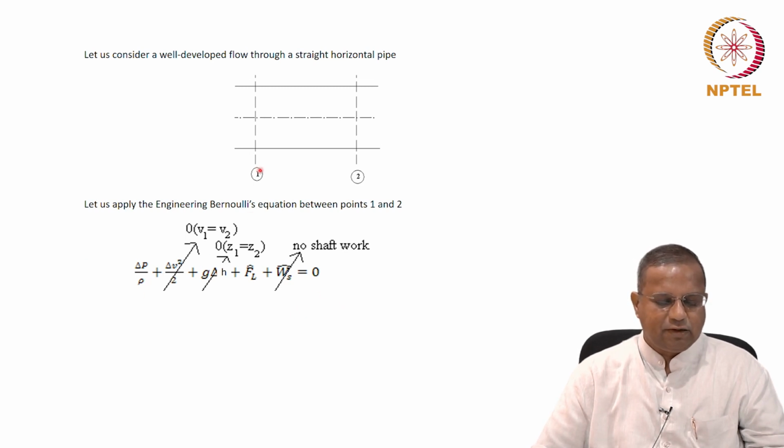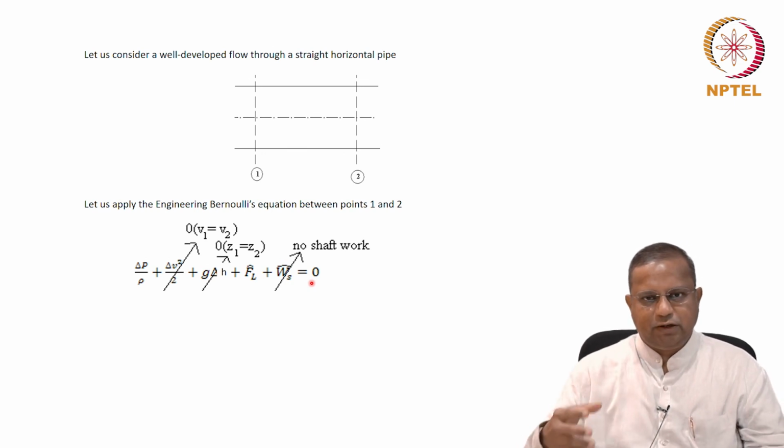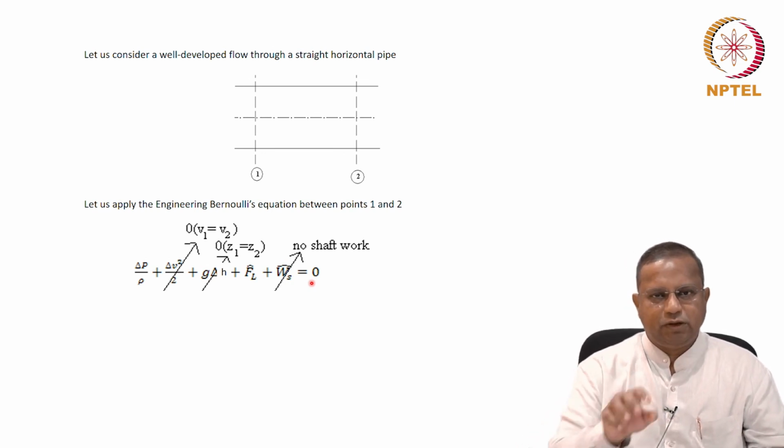And now if we cancel the terms, it's well-developed flow. The velocity here is the same as velocity here. Therefore, this term goes. There is no difference in height between the center point here and center point here from, let's say, a datum level. And therefore, Z1 equals Z2 and delta H tends to 0. There is no shaft work that has been included. There is no pumping work that has been put in.